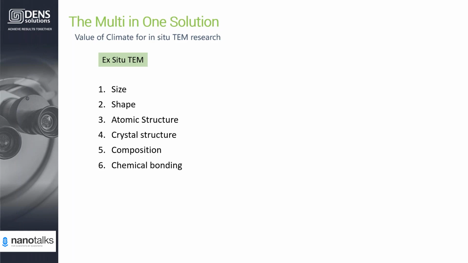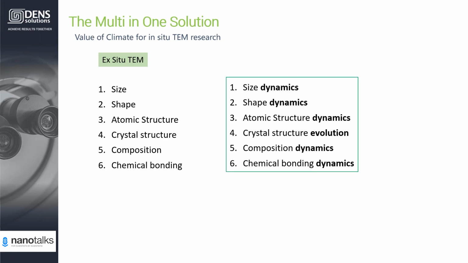As introduced by Ronald, through our climate system we now bring real reaction environment and process into the TEM. So what we investigate becomes dynamic, and temporal space comes into the game. And we move from ex situ to in situ TEM research by correlating process and structure characterization inside the TEM.